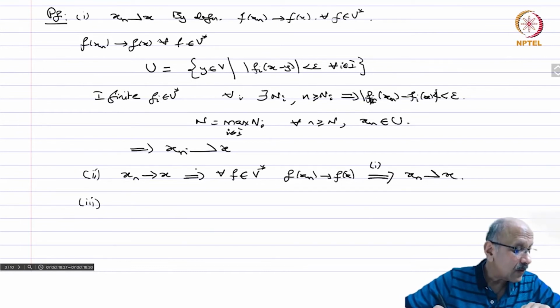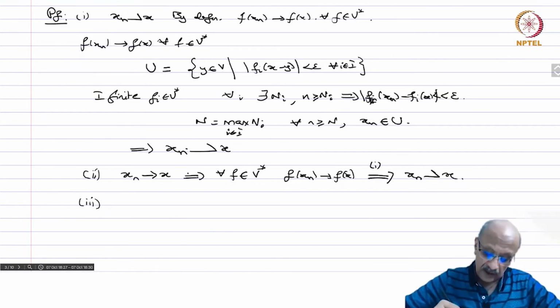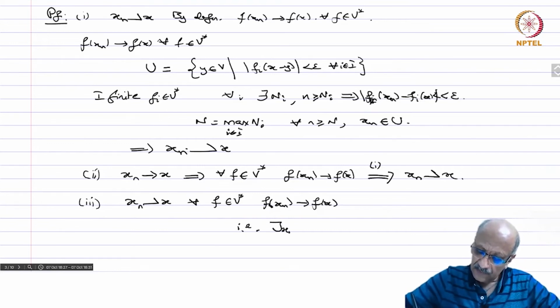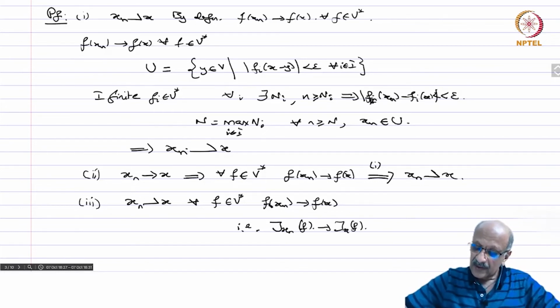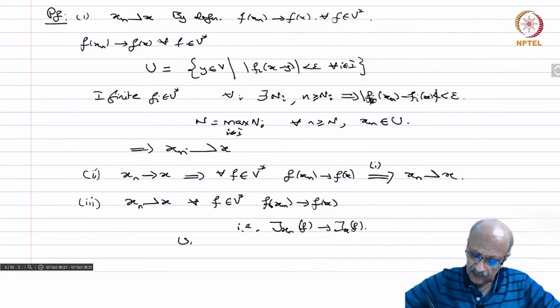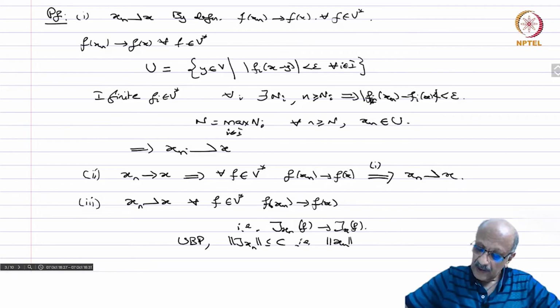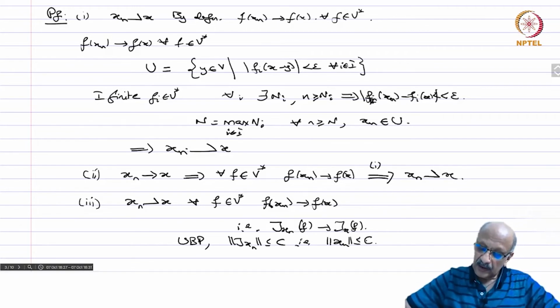Third, x_n converges to x weakly in V, that means for every f in V star we have f(x_n) converges to f(x), that is Jx_n(f) converges to Jx(f), and this implies by the uniform boundedness principle that ||Jx_n|| is less than or equal to c, that is ||x_n|| is less than or equal to c. So this shows that the sequence is bounded.